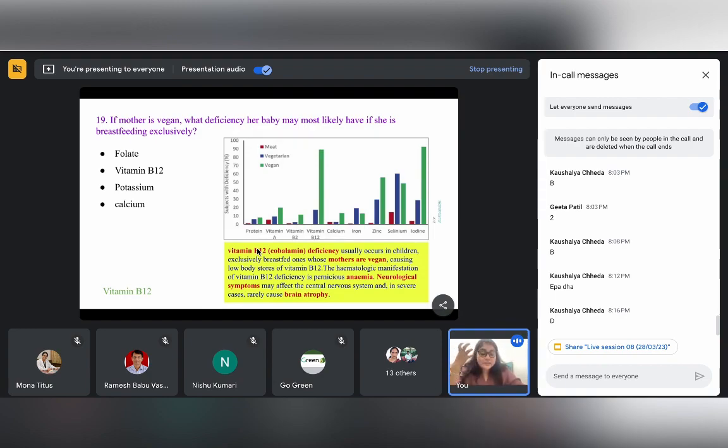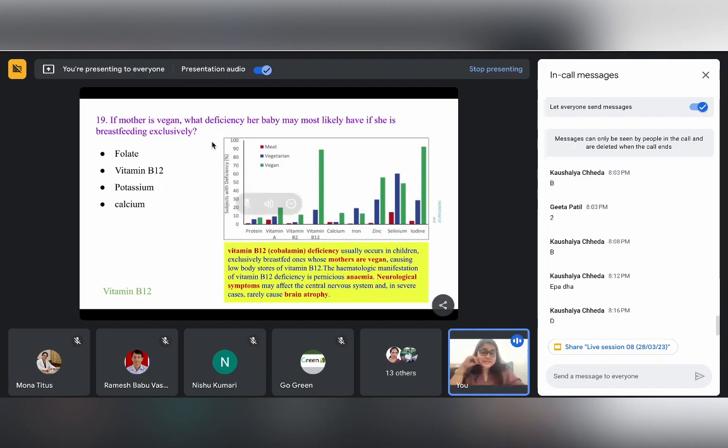It is required for the thyroid gland and is essential for the growth of the child. So it's not just vitamin B12; it also causes deficiency of iodine, right? And along with it, deficiency of zinc and selenium, which are also very important micronutrients for the child's growth.